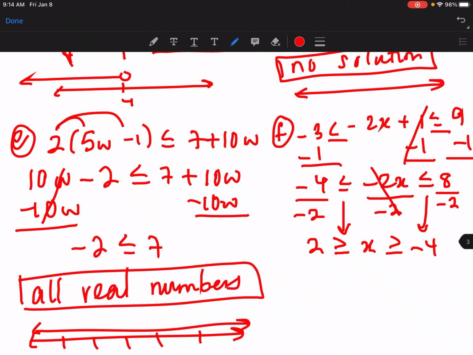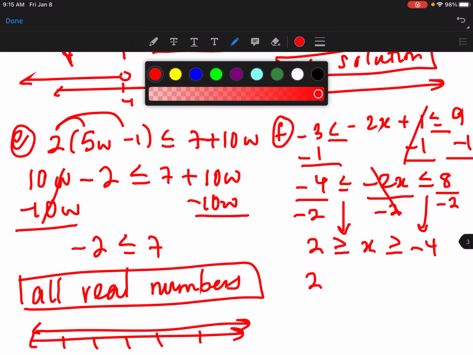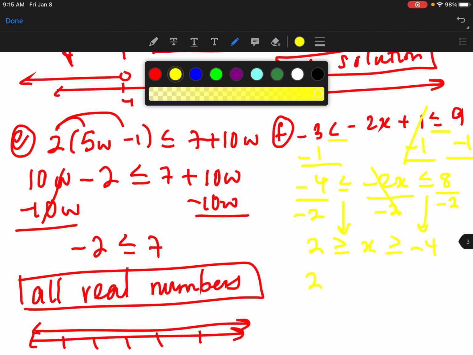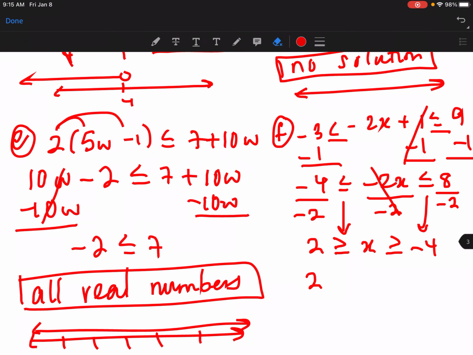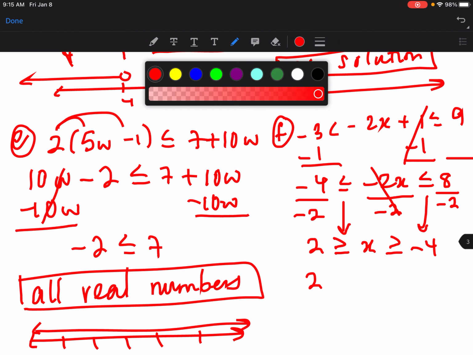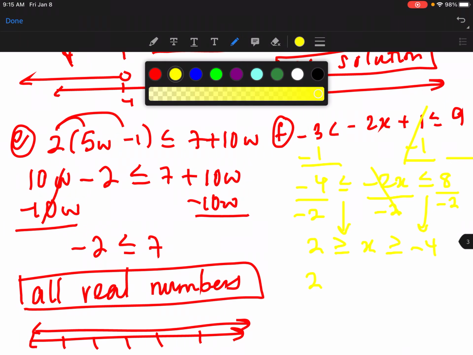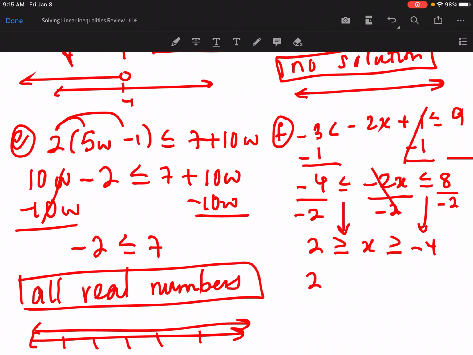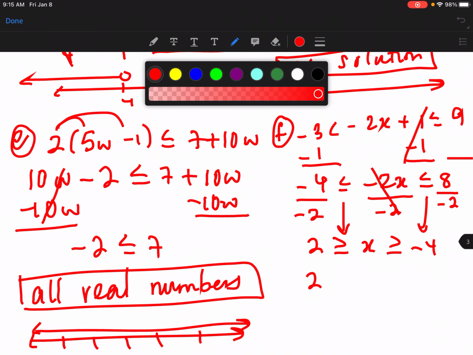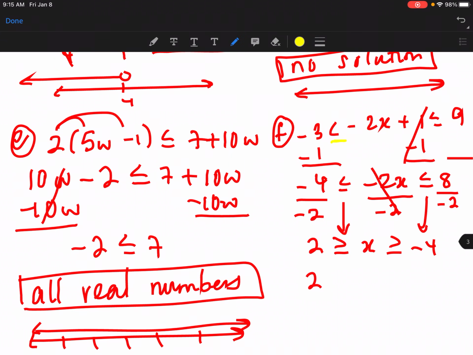Then we can rewrite this as 2 is, oh, I apologize. That was my mistake. There was just a less than, and there was a less than or equal to.